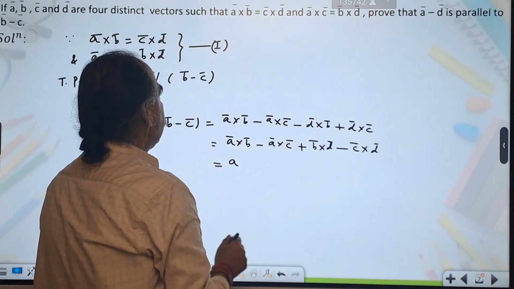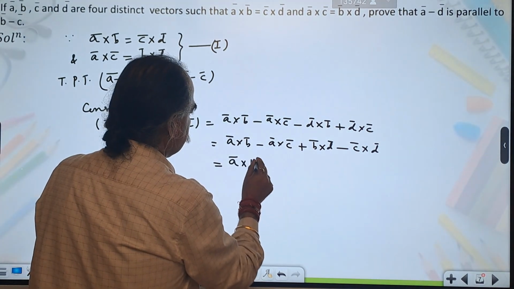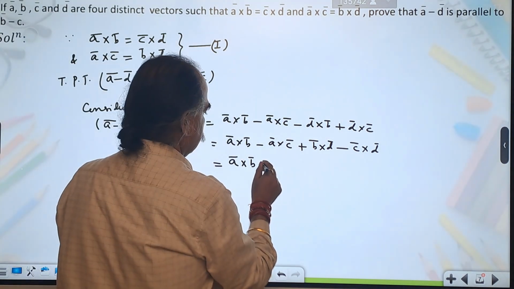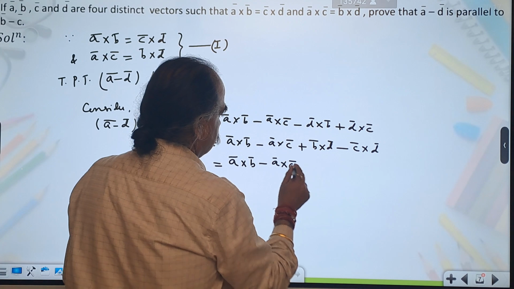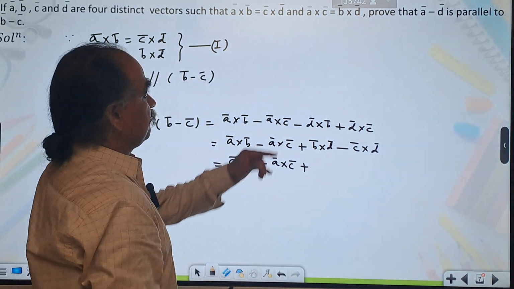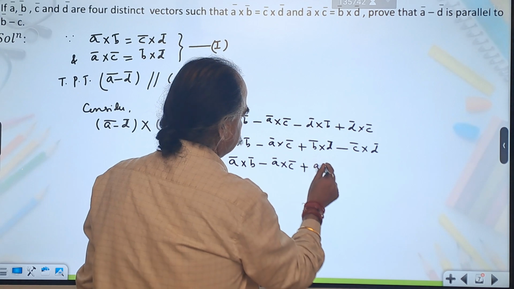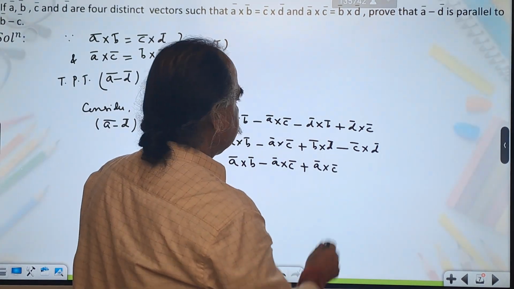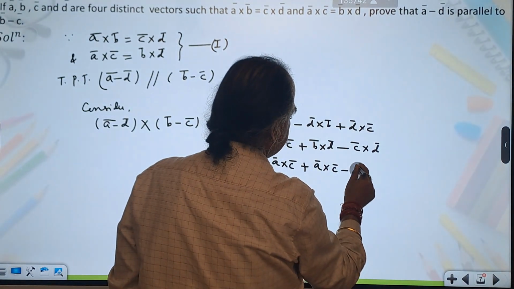a bar cross b bar, keep as it is, minus a bar cross c bar, plus the value of b bar cross d bar is same as a bar cross c bar, and the value of c bar cross d bar is what? a cross b, but negative sign is there.